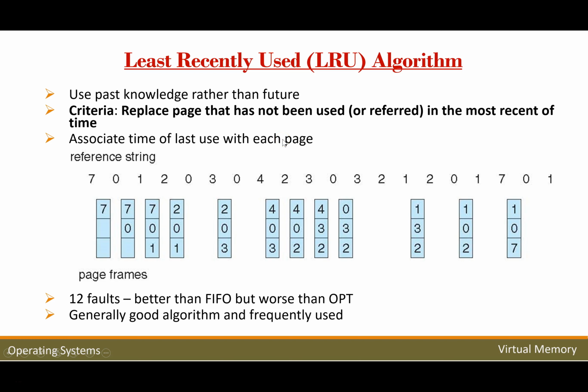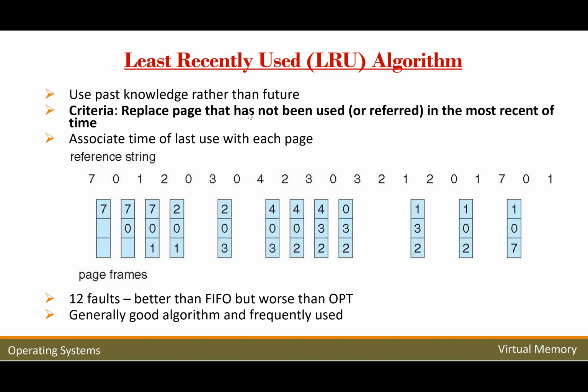Hello guys, in this video we're going to look at the third page replacement algorithm, that is least recently used. In our previous video we learned about optimal page replacement. In that algorithm we used to look into the future to make a decision about which page should be removed, right?